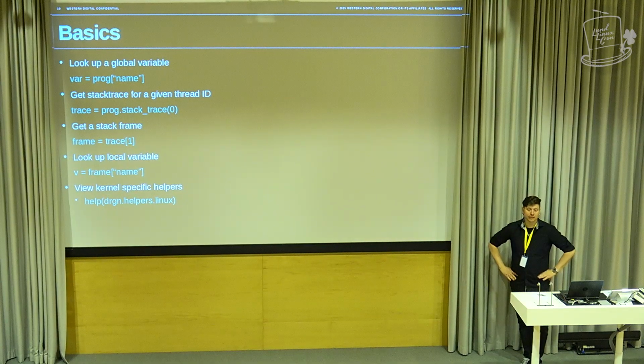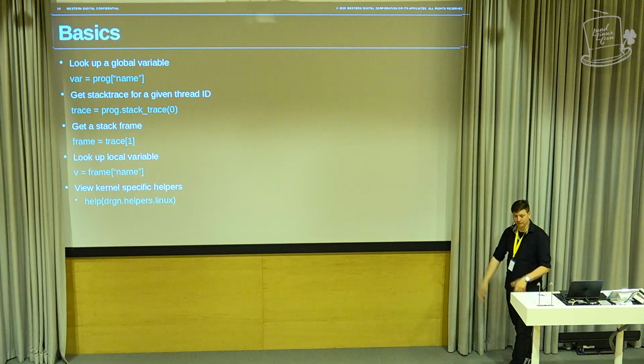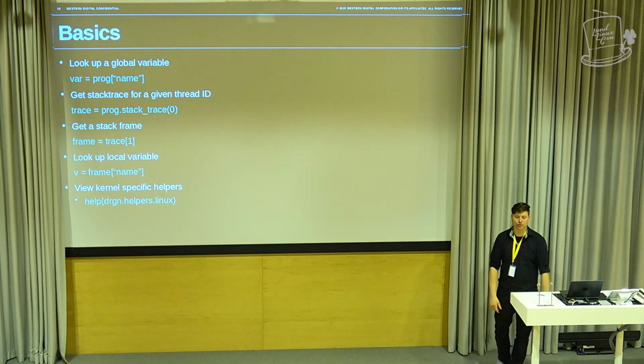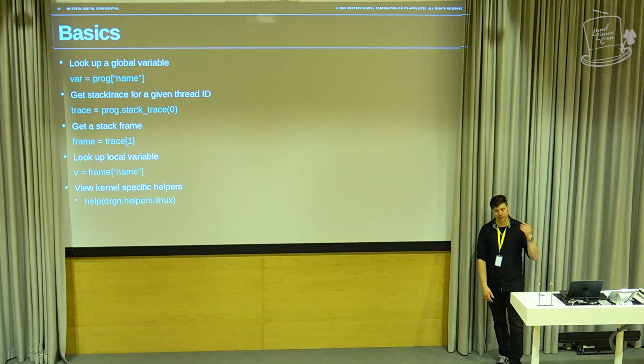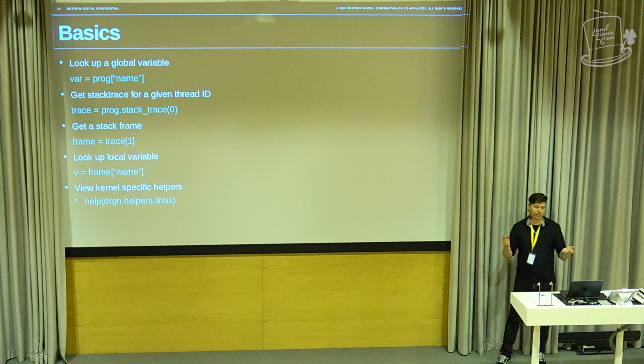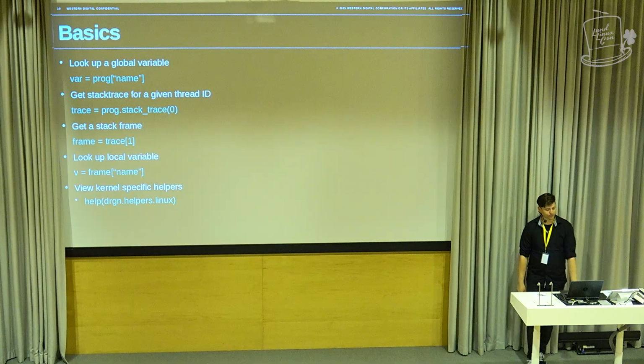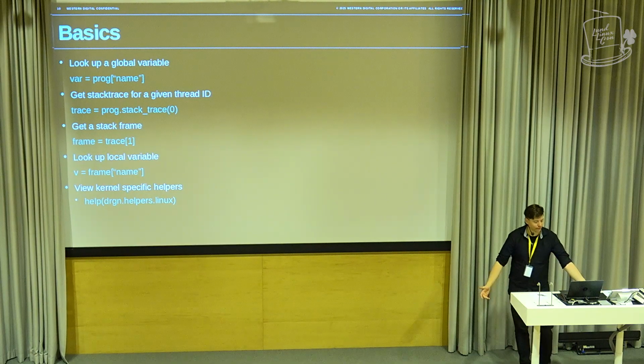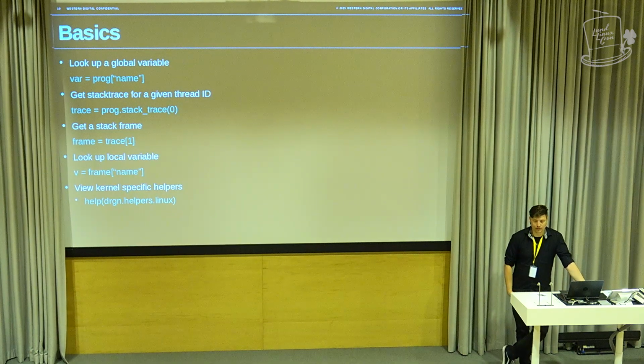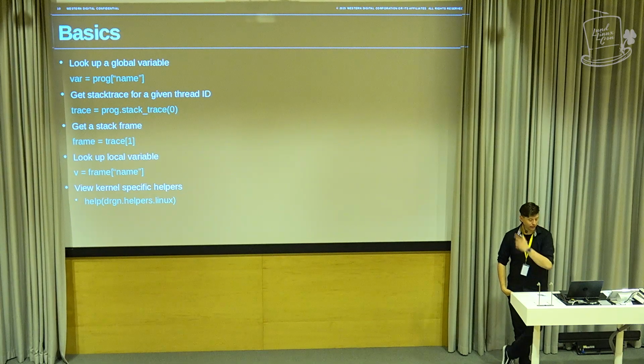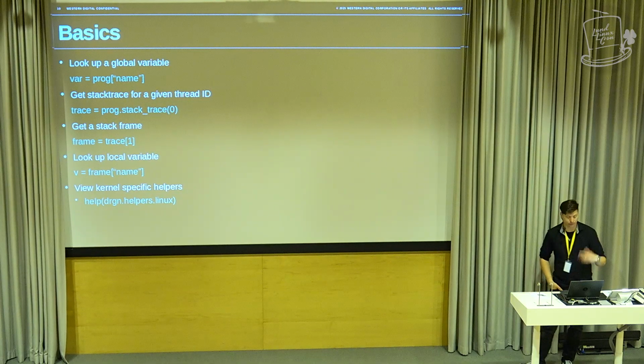So basic debugging, you get the Python interpreter shell, the REPL shell, and you can just type your variable name. And to get a global variable of your program, it's just prog and then access the array with the name of the variable. You can get the stack trace of a given PID, like for the swapper, you can get a stack trace via prog.stack_trace(0).